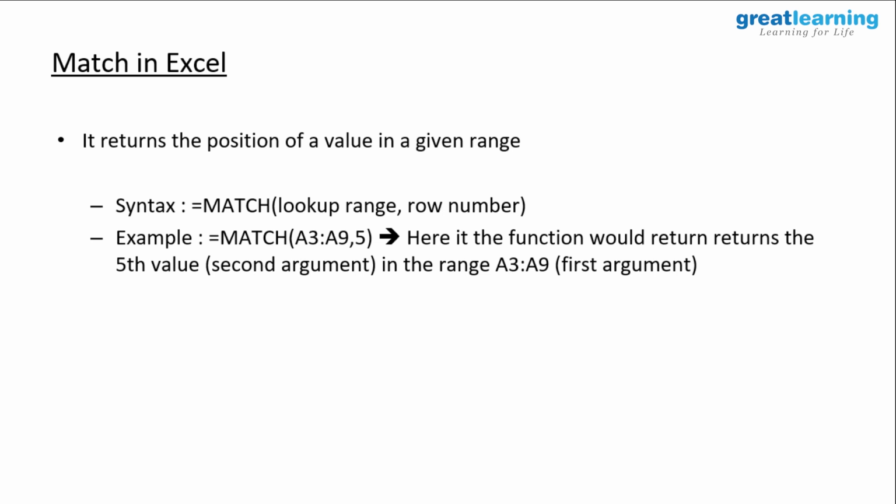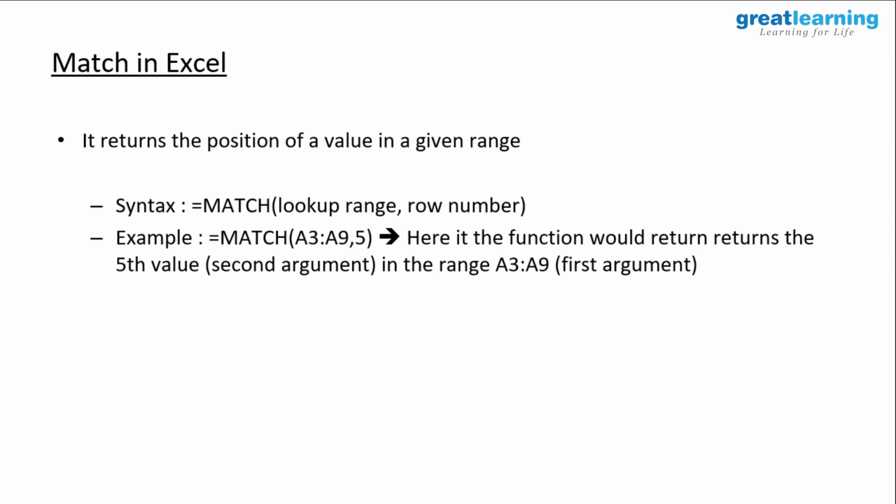What this match function actually does is, it returns us the position of the value within the particular range which we are trying to look up. You need to specify the particular range, and if that particular value is there, it would return the fifth value, or the particular number of value which we are mentioning in the second argument.